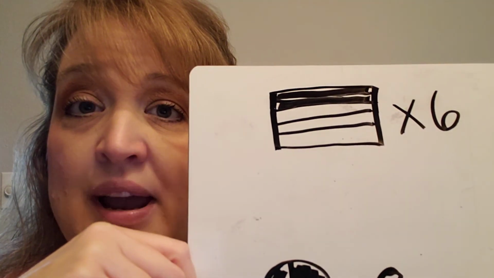So I'm going to write out my problem, okay? I could do this. 2/5 plus 2/5 plus 2/5 plus 2/5 plus 2/5, 1, 2, 3, 4, 5, plus 2/5, okay?